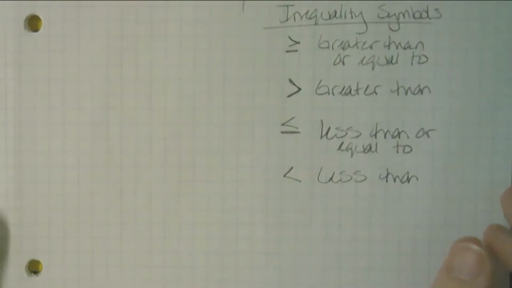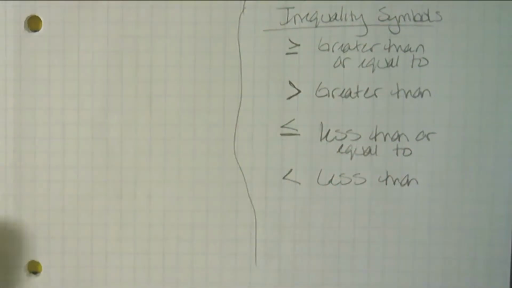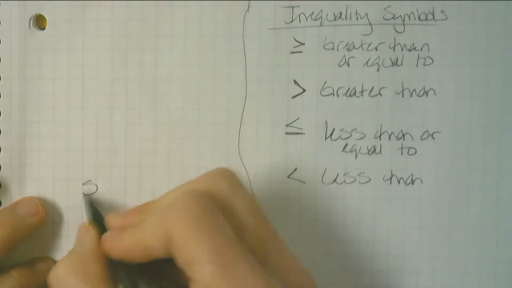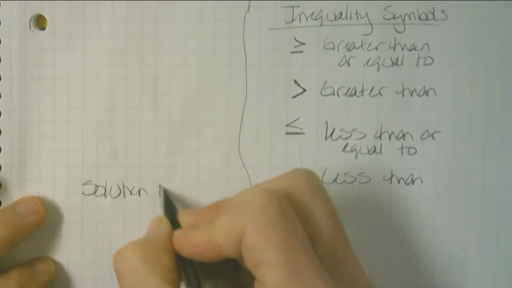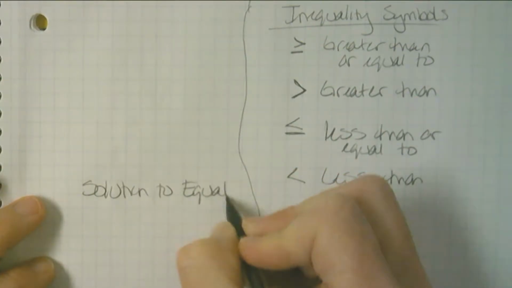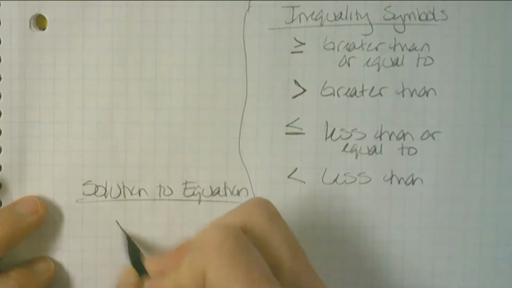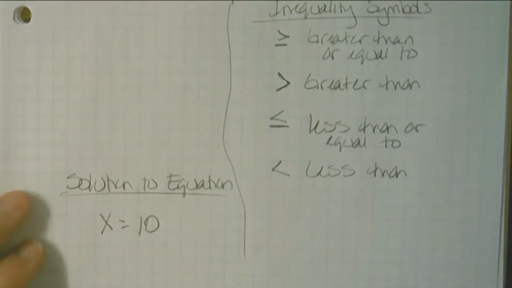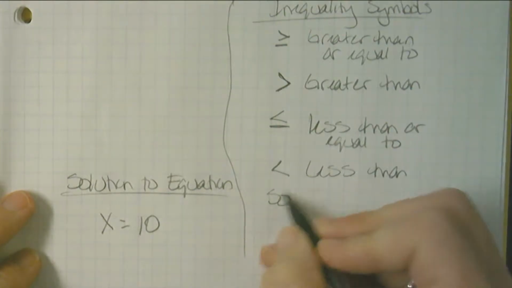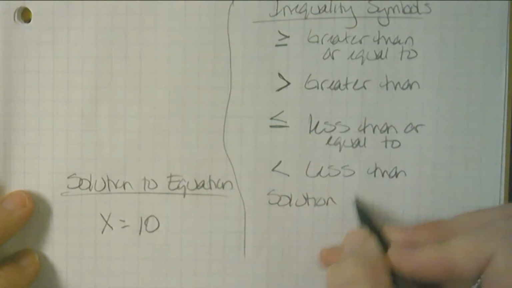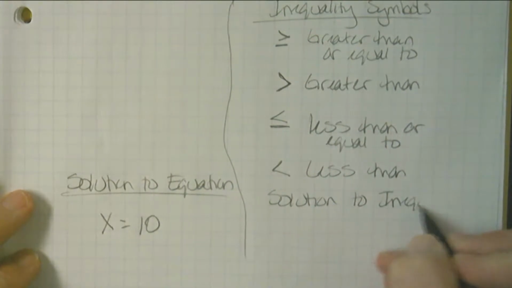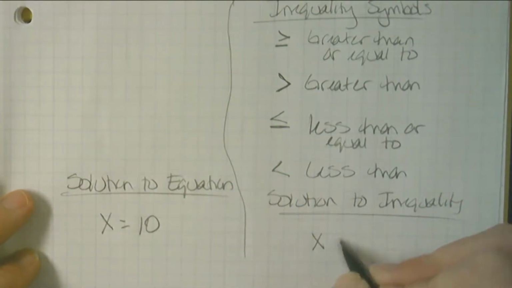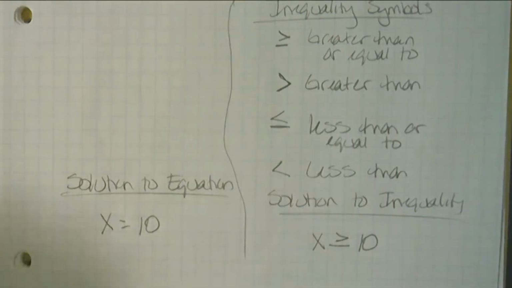All right, let's look at an example of a solution to an equation and a solution to an inequality. A solution to an equation might look like x is equal to 10. The solution to an inequality is going to look like x is greater than or equal to 10.